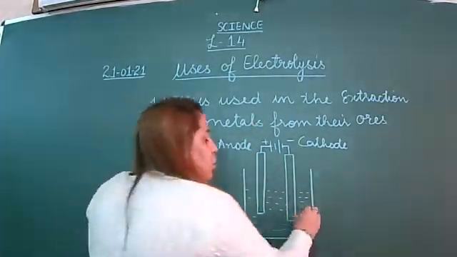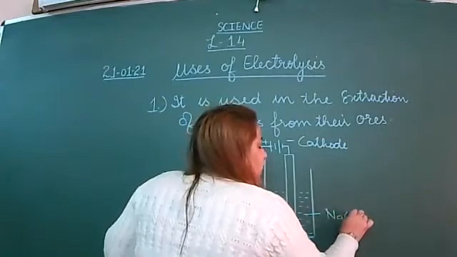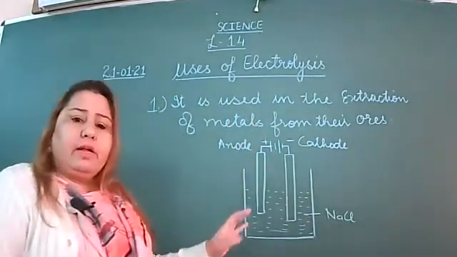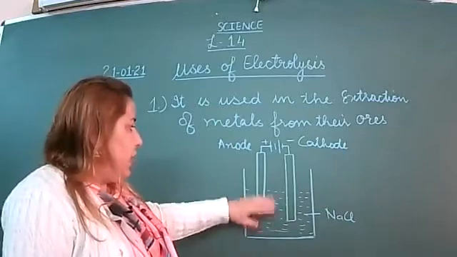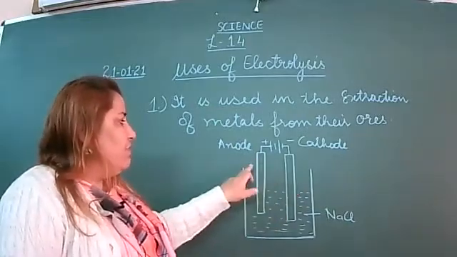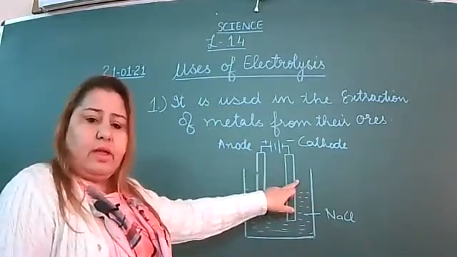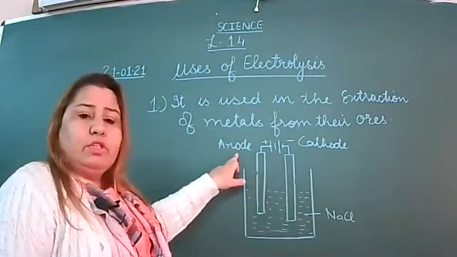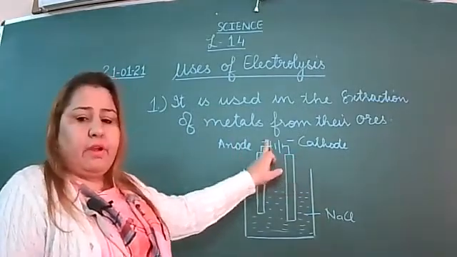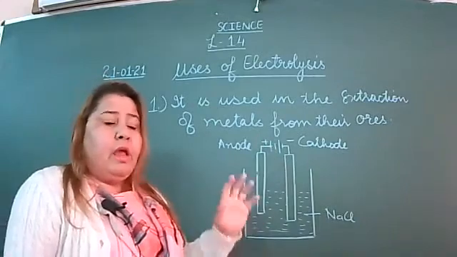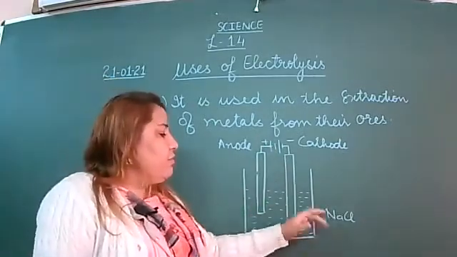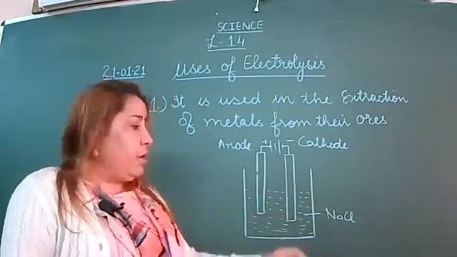We will take molten sodium chloride, in the form of a solution. We will attach two rods. One is called the anode and the other the cathode. Anode is the positive one, cathode is the negative one. Here we attach the battery. When we pass the electric current through the sodium chloride, what will happen?